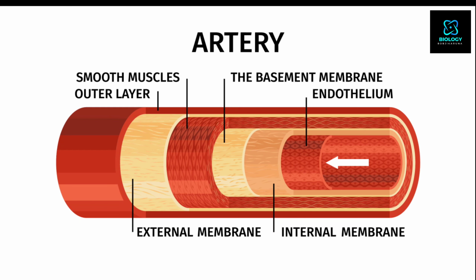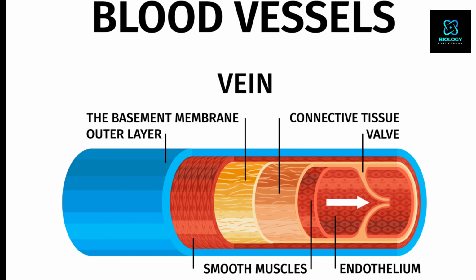Veins are blood vessels that carry the deoxygenated blood back to the heart from the body's tissues. They typically appear blue or green in color and have thinner walls compared to arteries. Veins play a crucial role in the circulatory system, working alongside arteries and capillaries to ensure the proper flow of blood throughout the body.